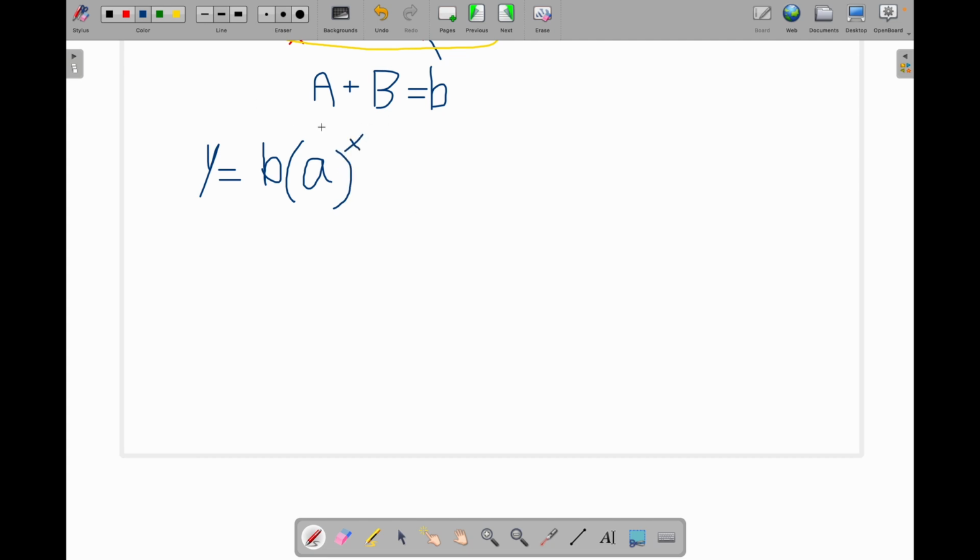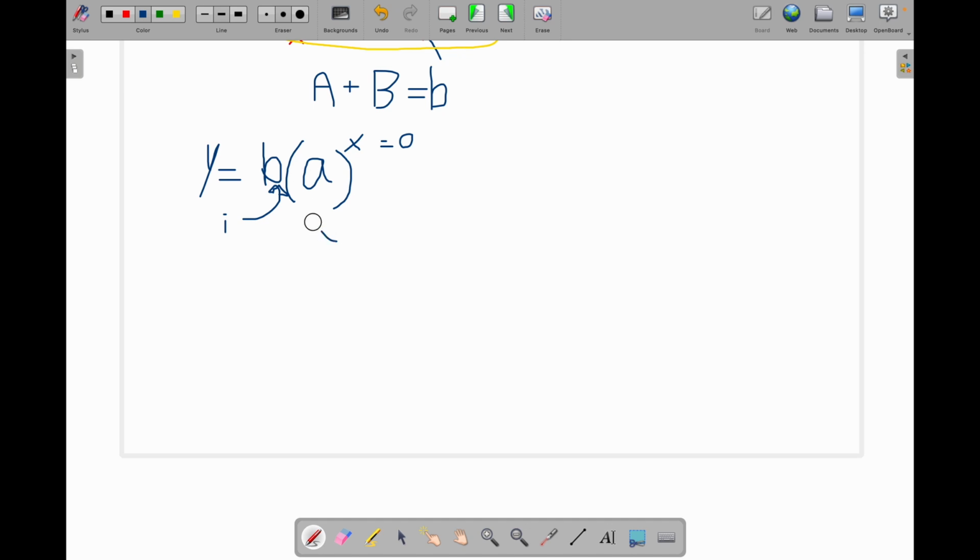What are each of these things going to tell us? This b, when you see it written in certain forms like this, where you have the parentheses, is going to be your initial value. This is basically going to be when x is equal to 0. When x is equal to 0, your a value goes to 1, and then you're going to have your y-intercept. This b value is your y-intercept, but in word problems, it's also going to be your initial value.